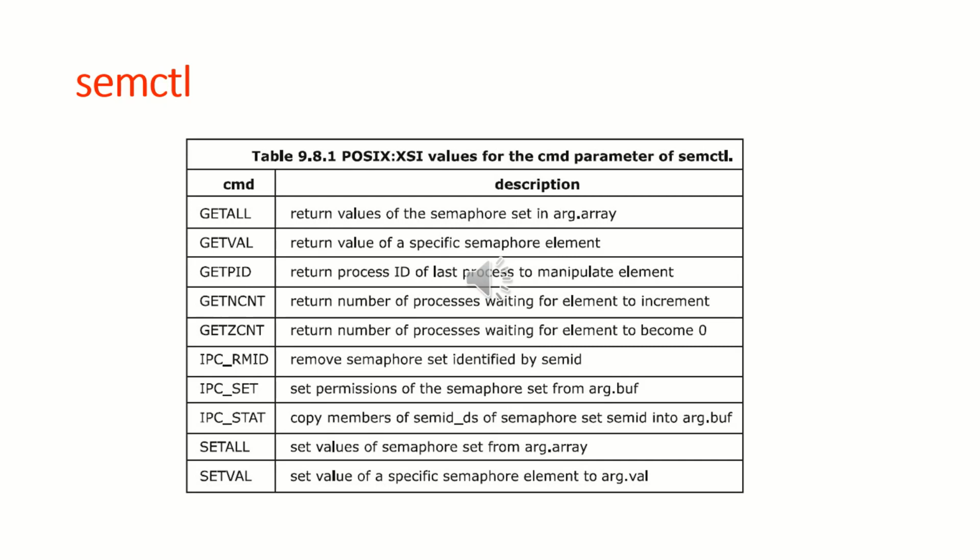GETALL fetches all the semaphore values in the set. These values are stored in the array pointed to by arg.array. SETALL sets all the semaphore values in the set to the values pointed to by the array.